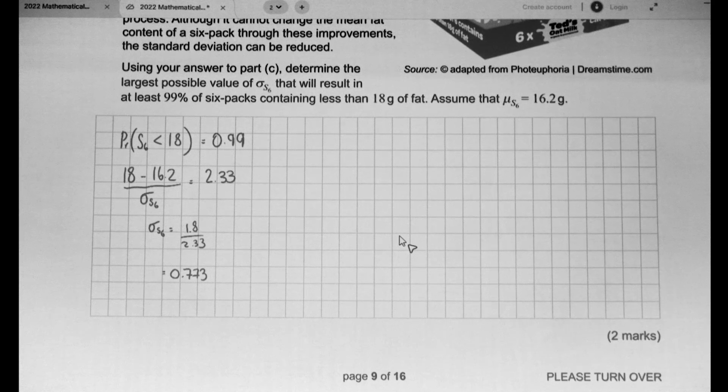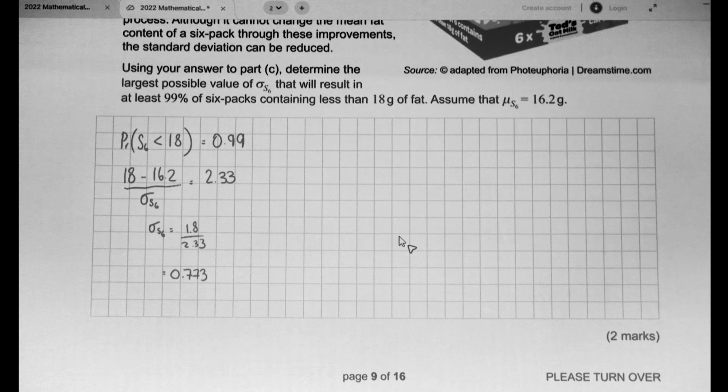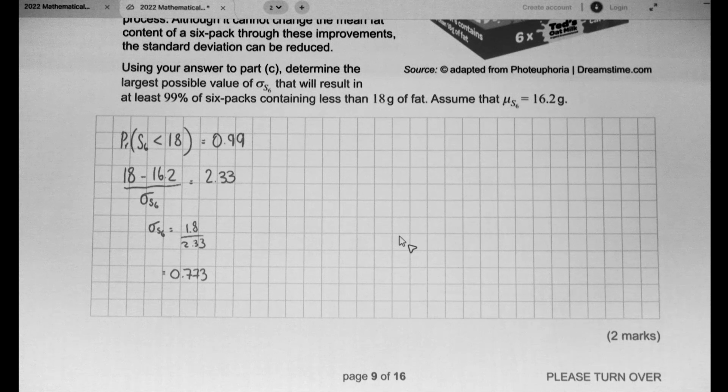So the wording to say trial and error is not acceptable was using your answer to part C. If they did not use that 2.33 in their working, then they weren't going to get full marks. Probably if they used trial and error to get to the right answer, they might have got 1 out of 2, but they can't get full marks.